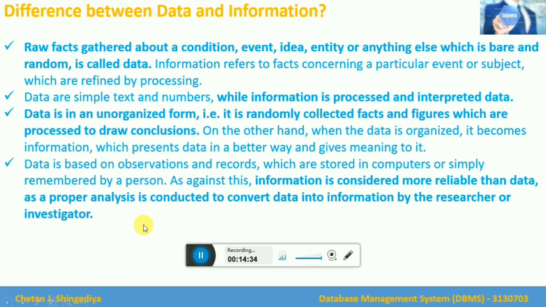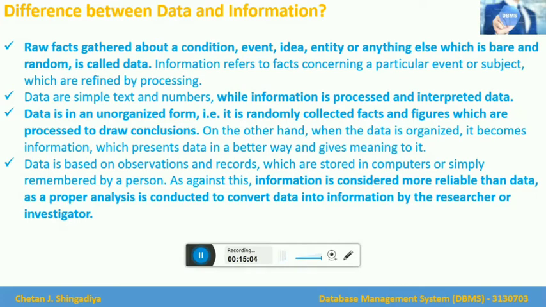Now let us differentiate data and information in the context of a database management system. Raw facts gathered about a condition, event, idea, entity, or anything else, which are bare or random, are called data. It is a simple collection of raw data.